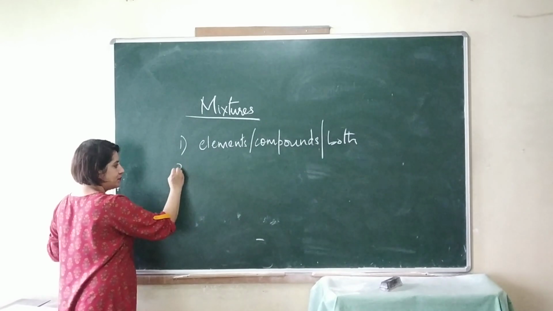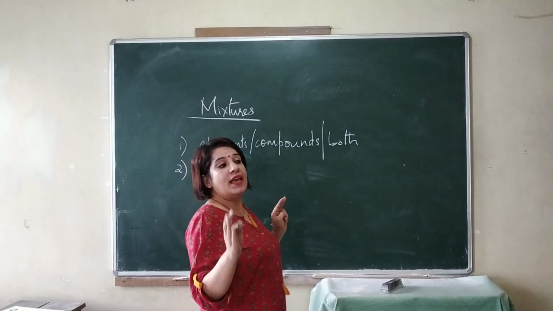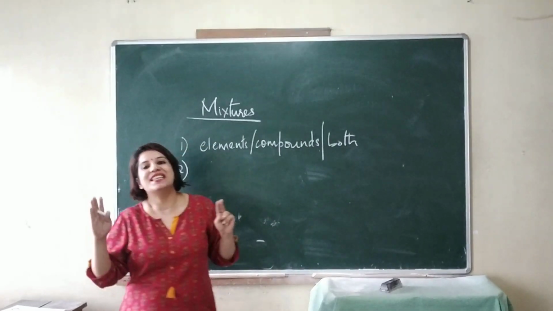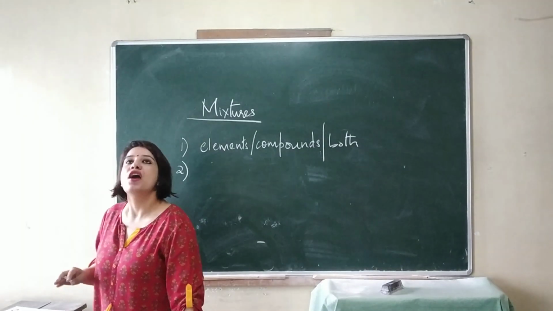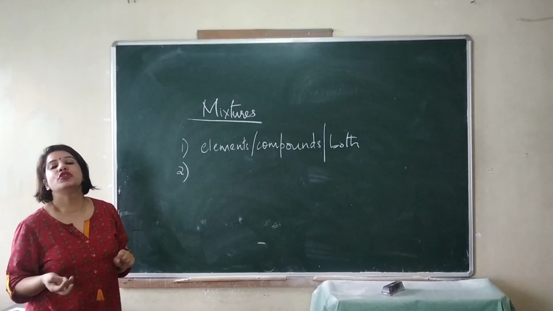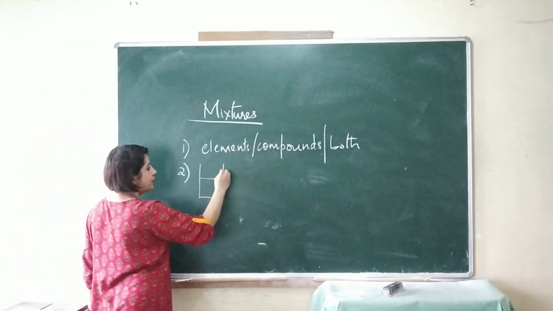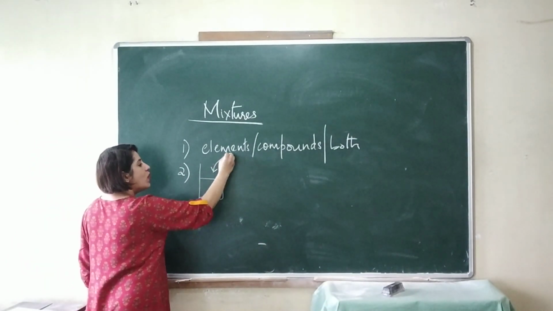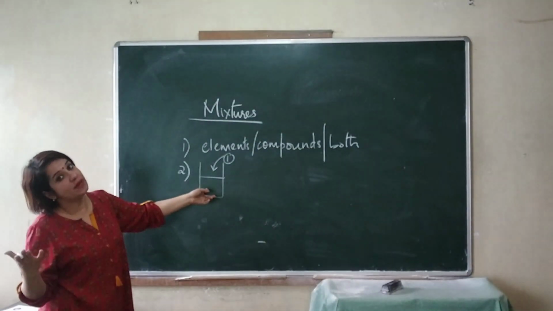Next one. If you remember in compounds, I had told you the elements always combine in a fixed ratio. Here it is just the opposite. The ratio may change. Suppose I give you a glass of water. If you add 1 tablespoon of salt to this water, it will be a mixture.